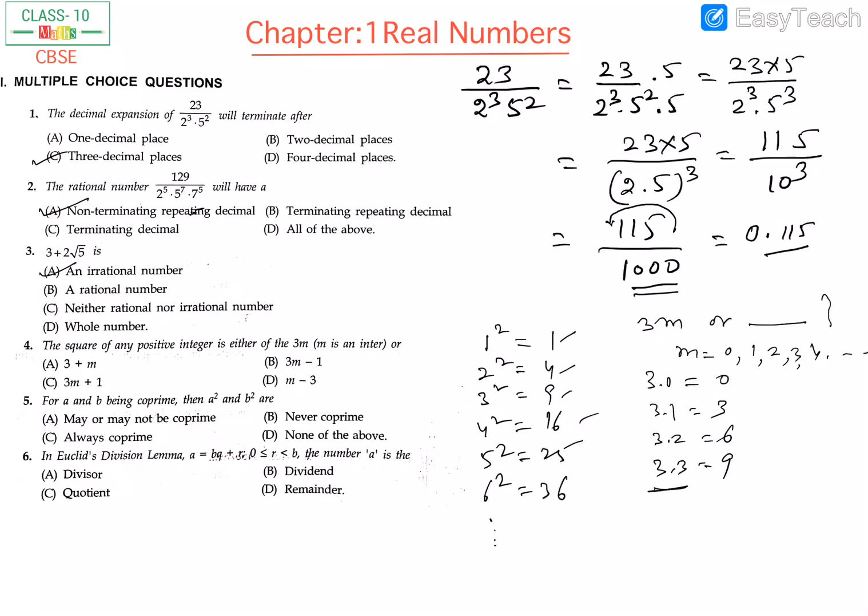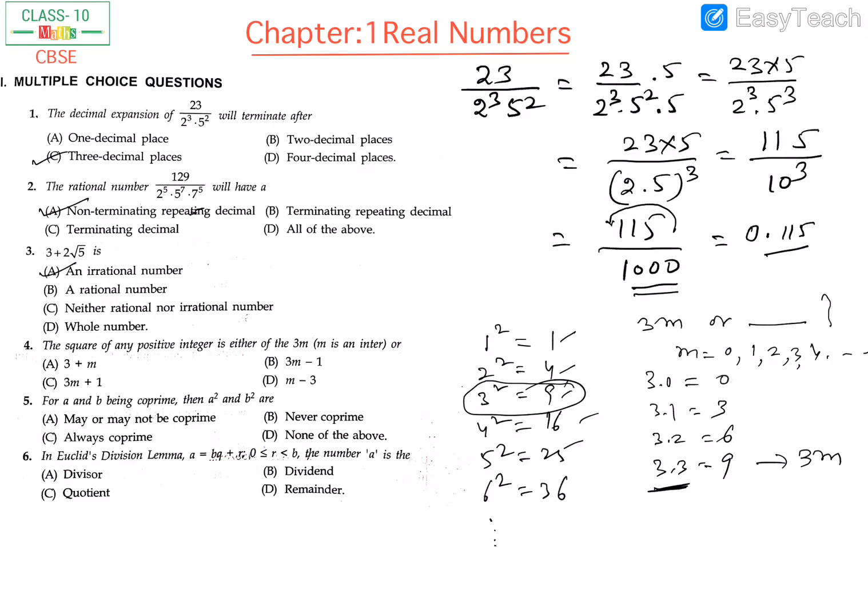It means this 9 is of the form 3m. Now we have to check for other numbers whether they are of the form 3m plus 1 or 3m minus 1 or m minus 3.